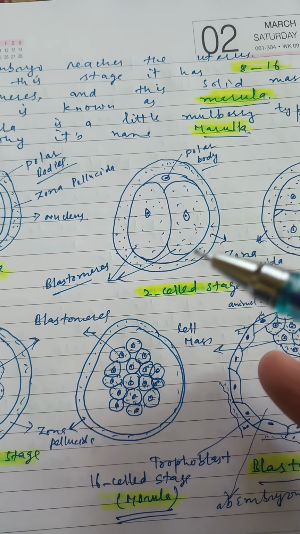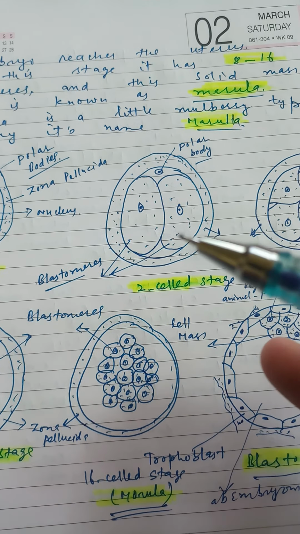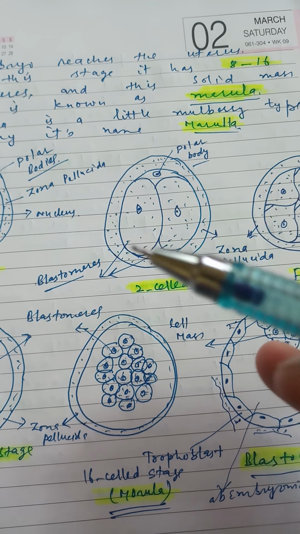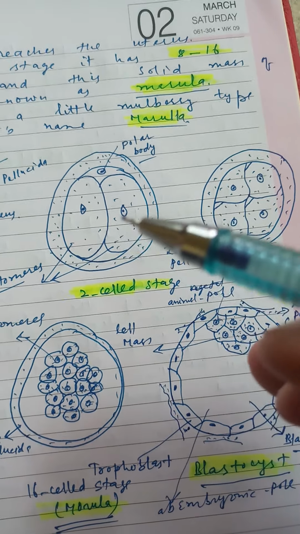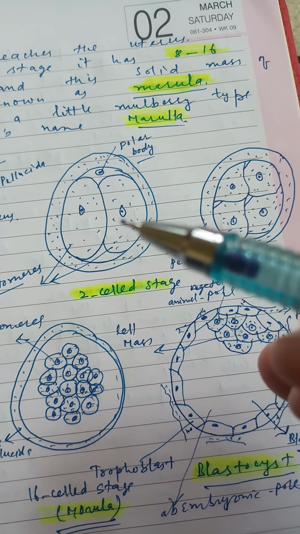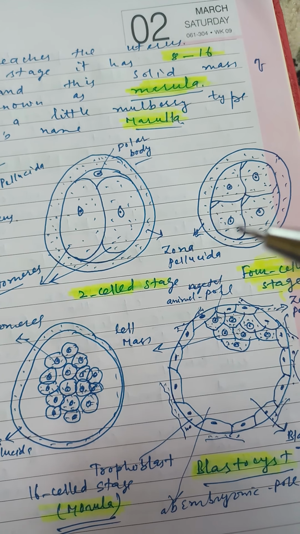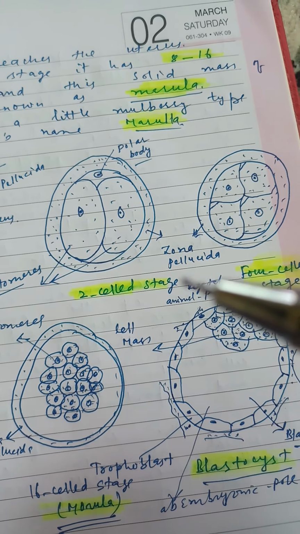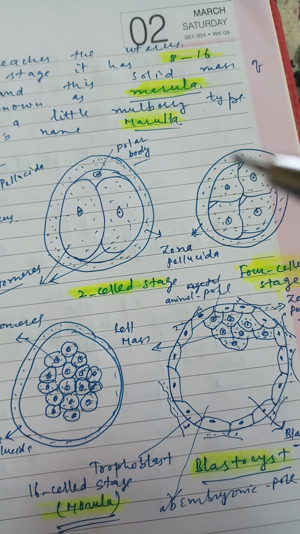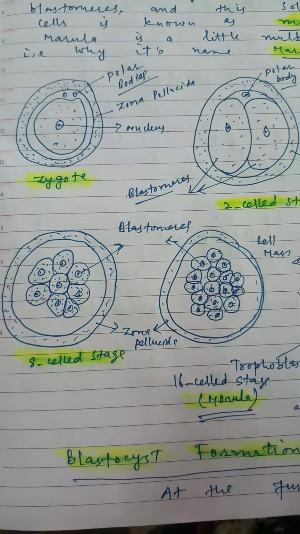This is the first cleavage division, which happens after 2 days or after 30 hours. Then these two blastomeres undergo the next mitotic division, giving rise to 4 cells, with the zona pellucida still lying outside for protection.